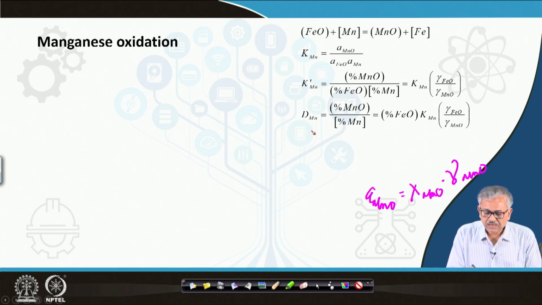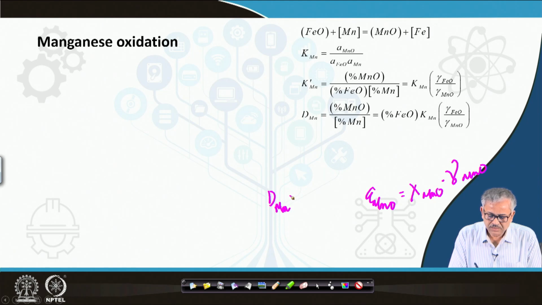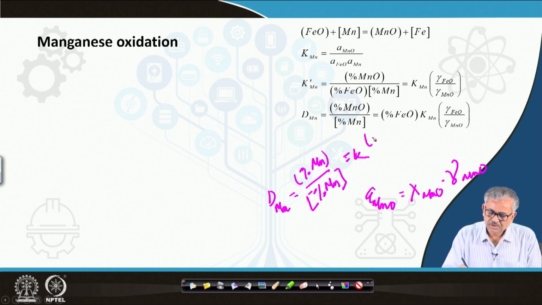So, then you can write this is the partition coefficient, you can write in terms of weight percent of MnO in the slag divided by the weight percent of Mn in the metal, and to be very precise it should be dMn represented as the percentage of Mn in the slag divided by percentage of Mn in the metal. That can be written as some constant times percentage of MnO by percentage of Mn.